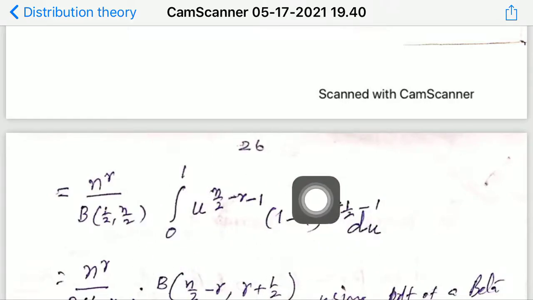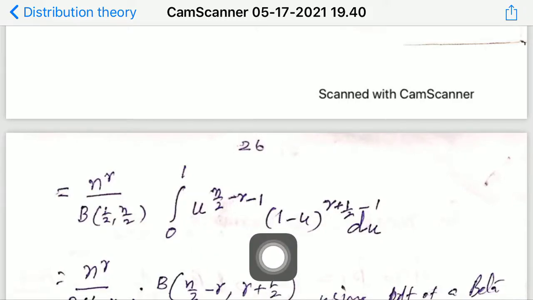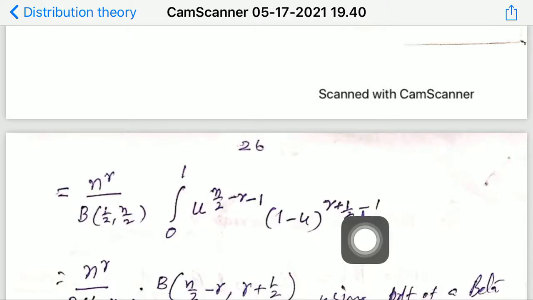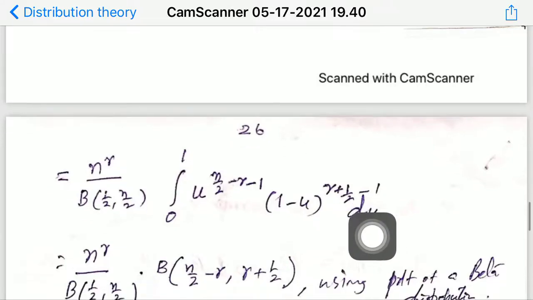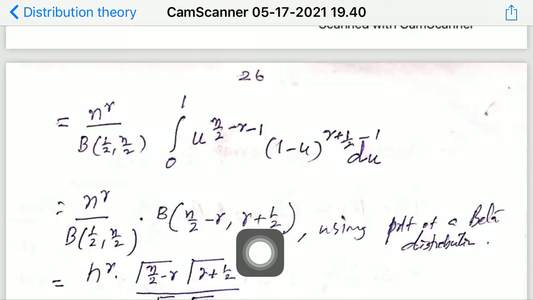The value of this is in the form y to the power of alpha minus 1 into 1 minus y to the power of beta minus 1. Okay, so you will have the integral equal to beta of n by 2 minus r, r plus 1 by 2.